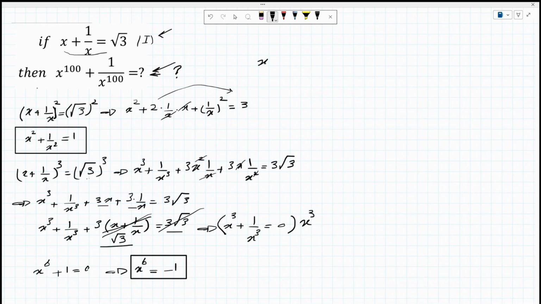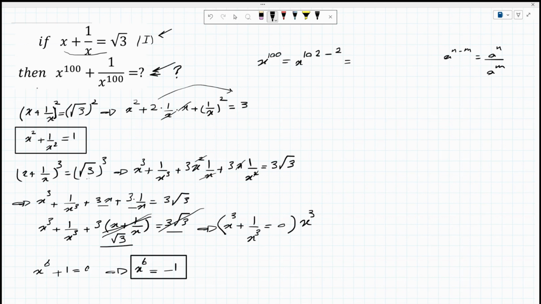So x to the power of 100, instead of 100, I can write 102 minus 2. And if we have a to the power of n minus m, we can write this as a to the power of n divided by a to the power of m.